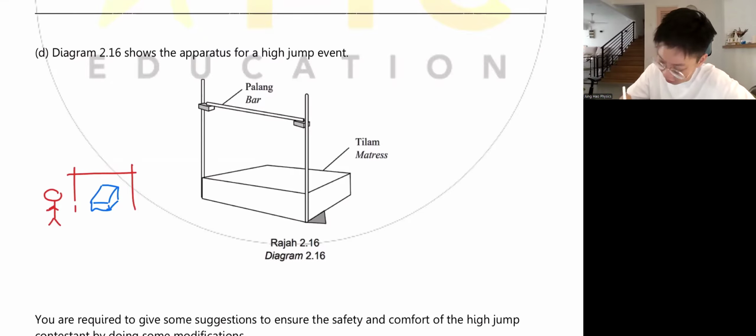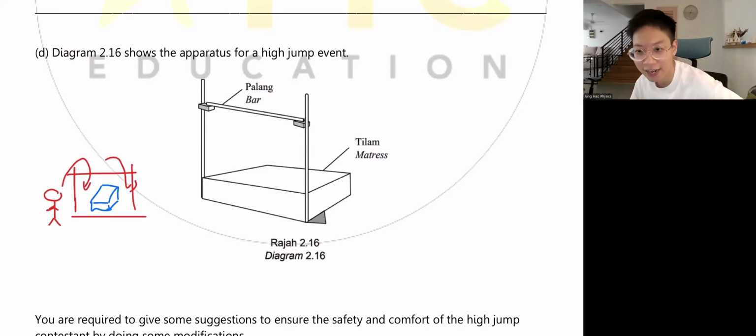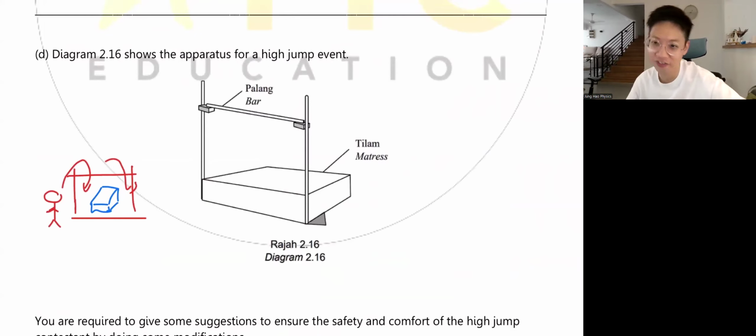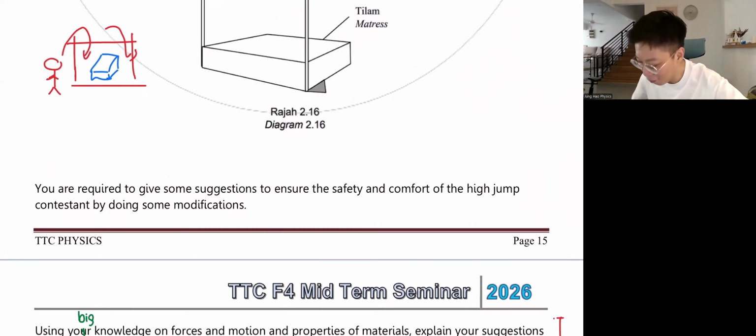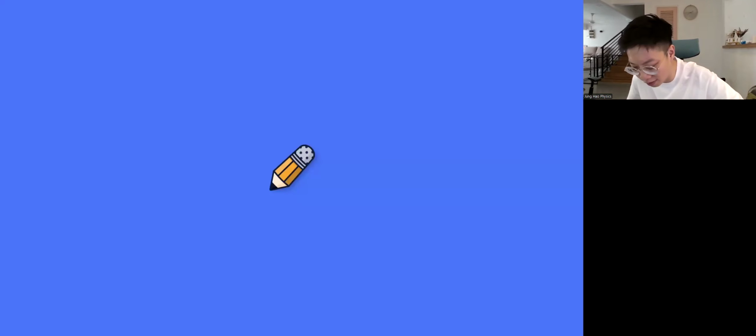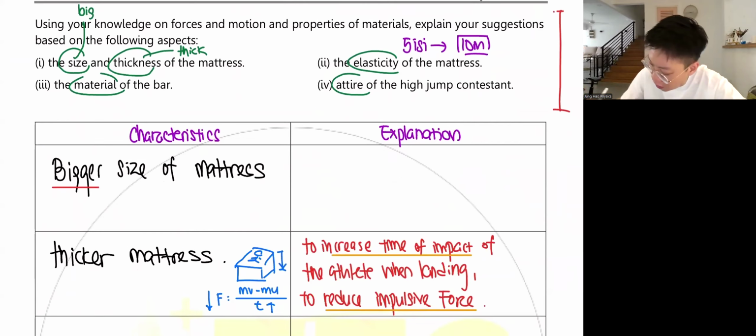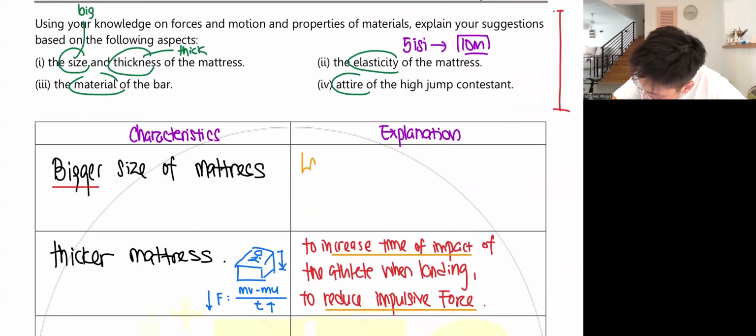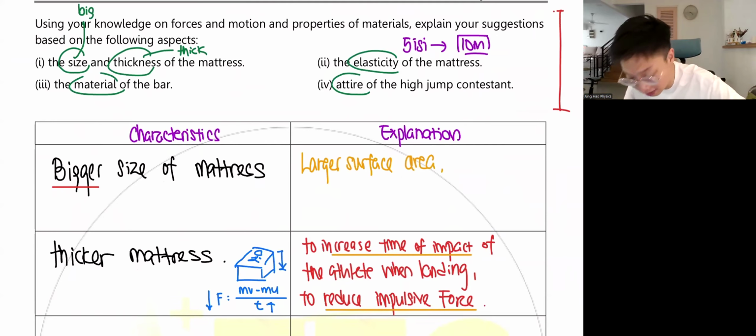The death rate increased because everybody jumped and landed on the other side. So gone. Therefore, a bigger size is always easier to write, so that you have a larger surface area. Technically that's like physics.